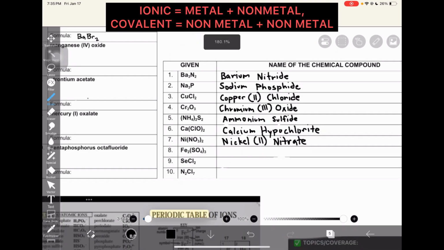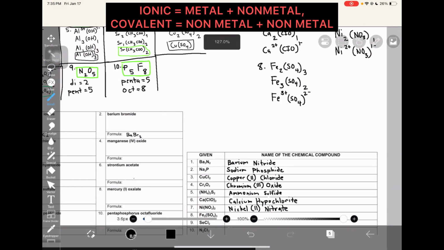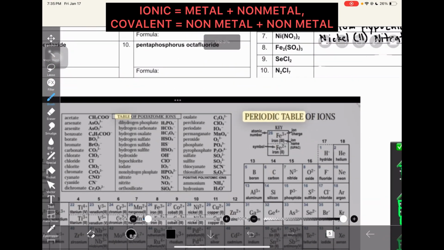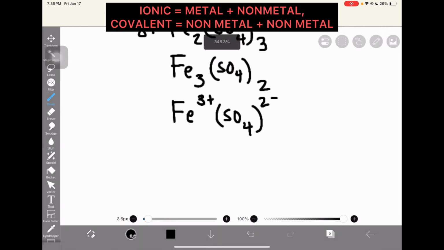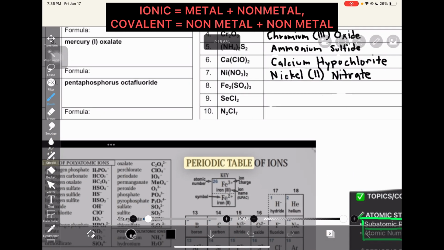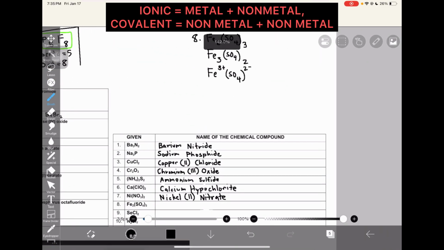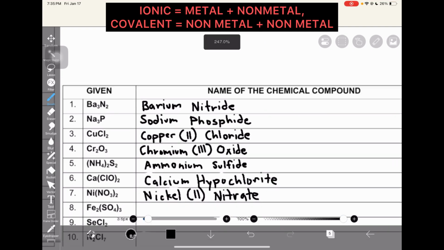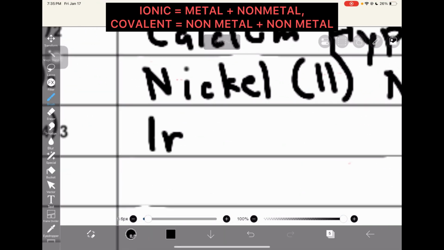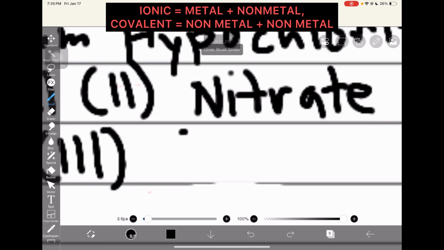So we're just going to check if that's 2 minus over here. Yes. Sorry, this is sulfate and I wrote it down. Yeah, SO4 sulfate, just making sure. So this is indeed iron 3 sulfate.